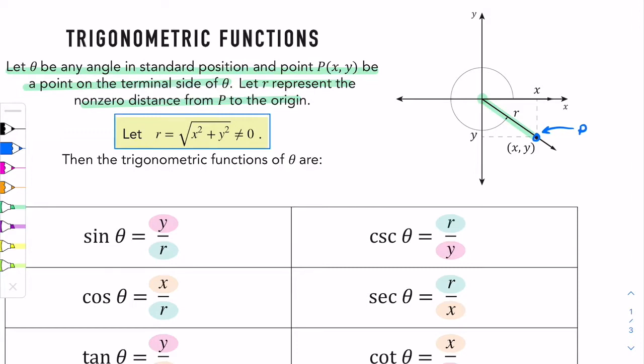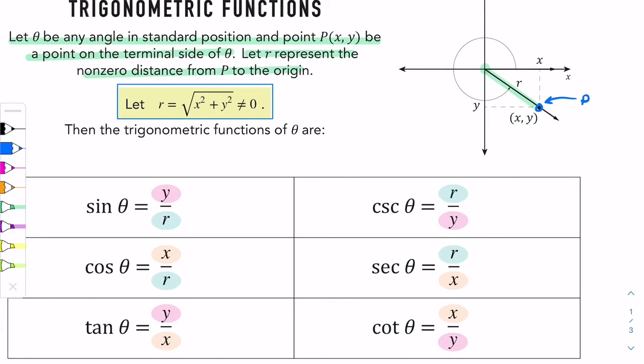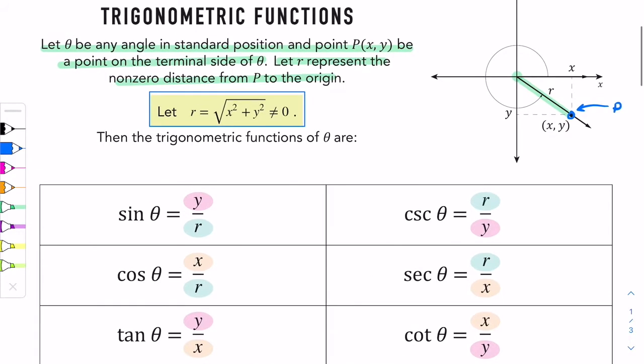Your trig functions are as follows. You have sine, that's how you pronounce this. It's pronounced as sine, which is equal to your y value. And when I'm talking about y value, we're talking about the y coordinate of the point, divided by r, and r is found by this equation we just talked about.